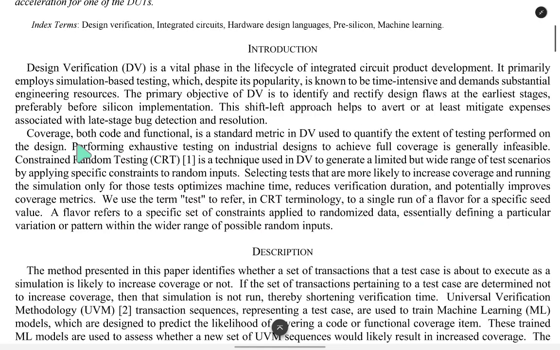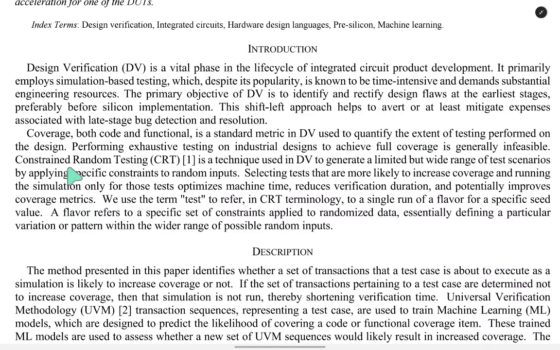Coverage, both code and functional, is a standard metric in DV used to quantify the extent of testing performed on the design. Performing exhaustive testing on an industrial design to achieve full coverage is generally infeasible.